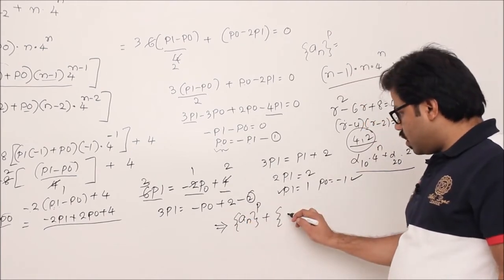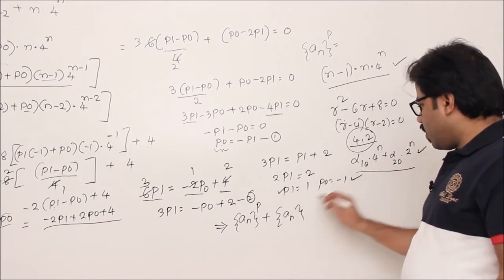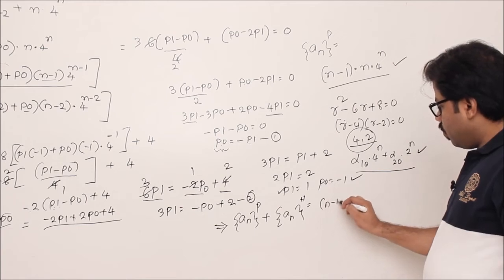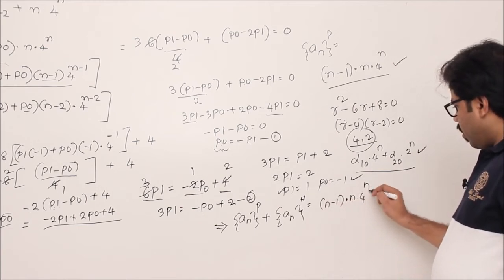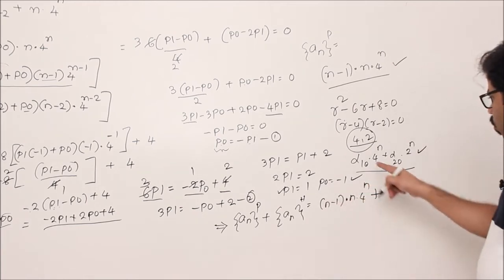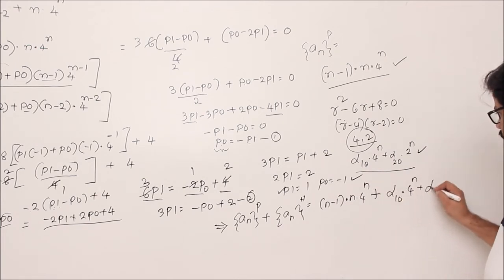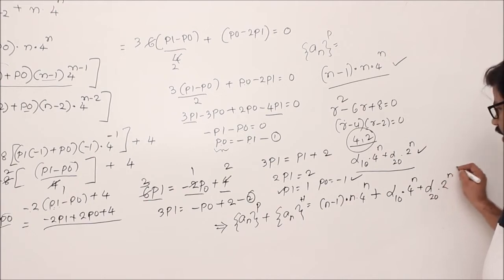The particular solution is n minus 1 into n into 4 power n, plus the homogeneous solution alpha 10 into 4 power n plus alpha 20 into 2 power n. This is the final answer.